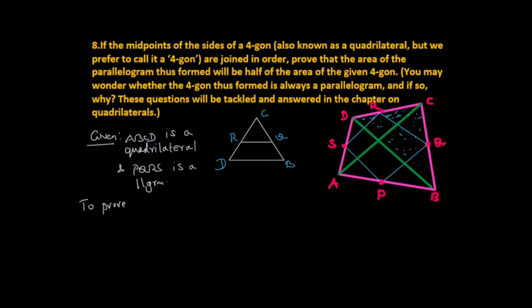We need to prove that the area of parallelogram PQRS is equal to half of the area of the quadrilateral ABCD. So for the proof, consider the triangle.